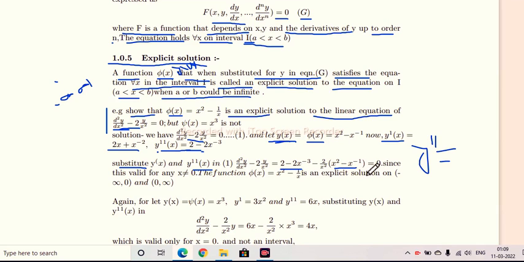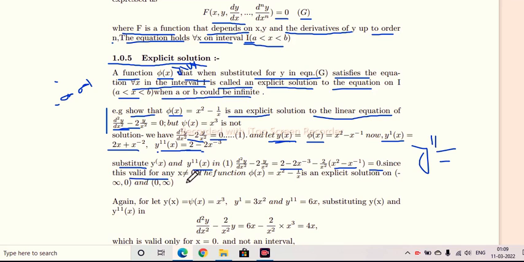After calculating this, we get 0, and in the differential equation the right side is also 0. So this is valid for any x not equal to 0.